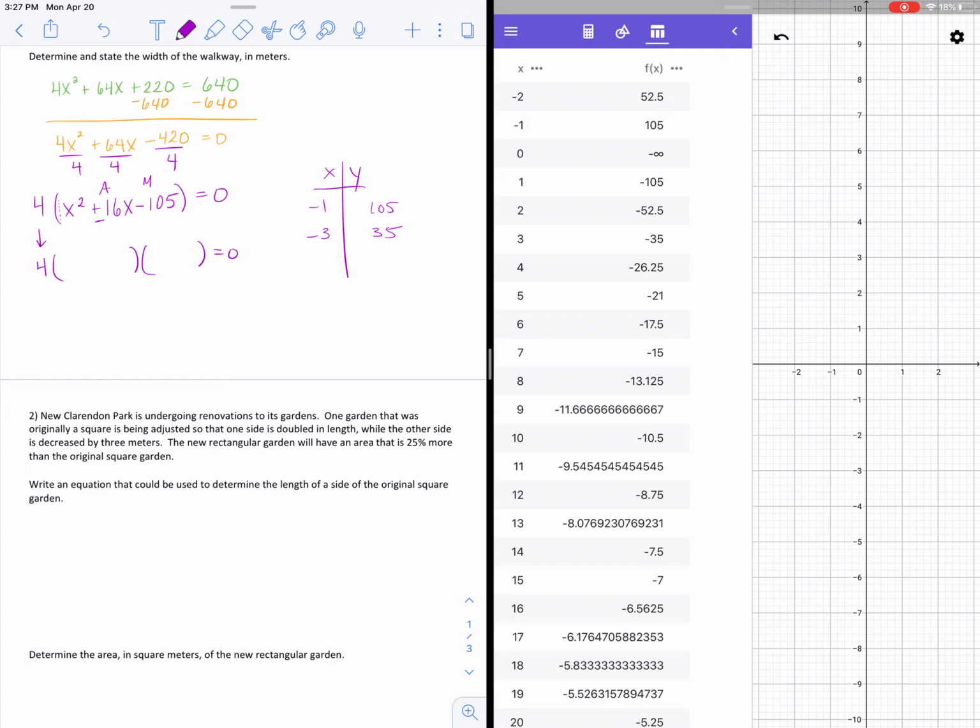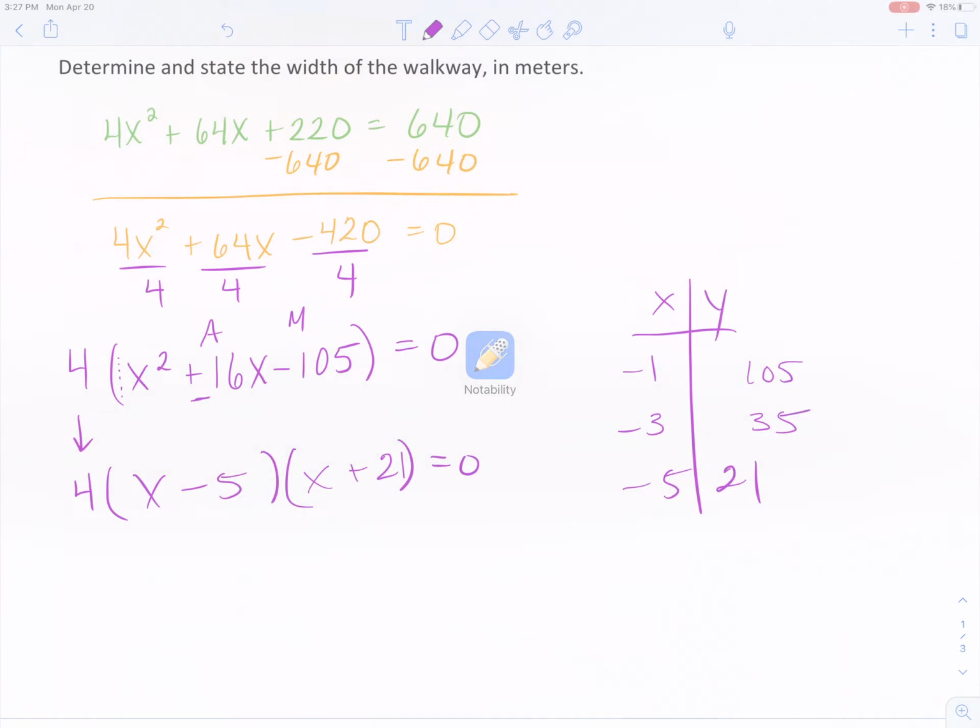So instead of 5 and negative 21, it would be negative 5 and positive 21, which indeed adds to 16. So I have x minus 5, x plus 21. So the trickiest part of these is that the bigger numbers make it harder to factor, but if you just use the table of values the way that we've been, it makes it much simpler.